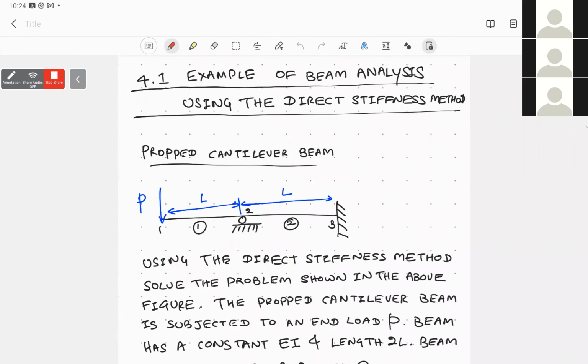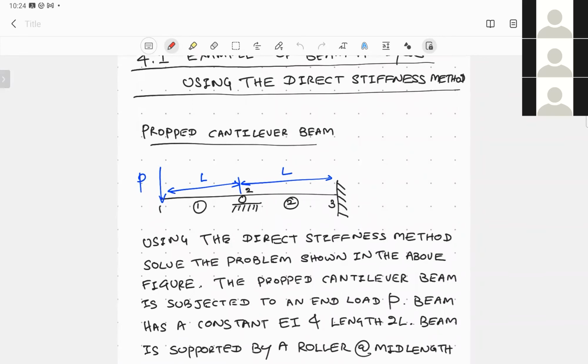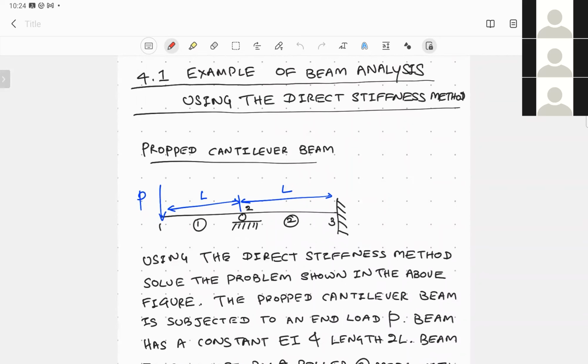So let's try an example which we can use to apply the theory or the element stiffness matrix which we derived to get the answer for a propped cantilever beam.